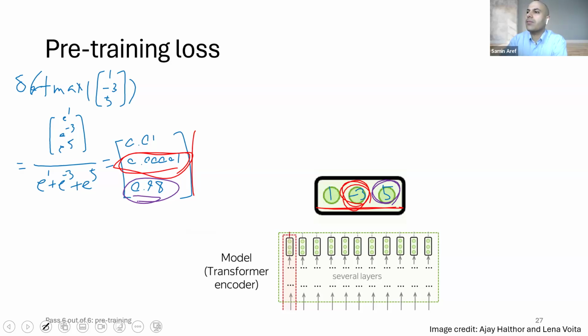And then we use a cross entropy loss. So this is essentially something that we can interpret as a prediction.